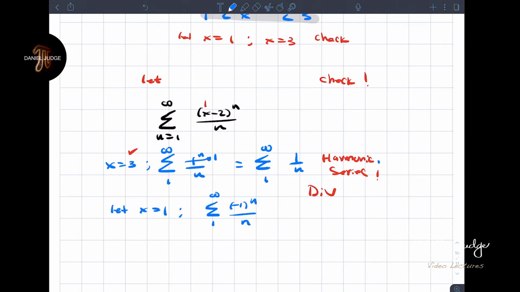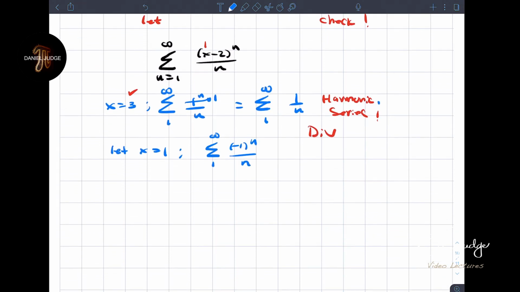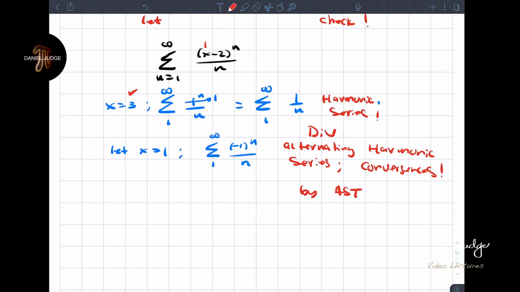Now it's correct. So we know this is the very famous alternating harmonic series. Now the alternating harmonic series converges, right? And it converges, if you guys remember, by the alternating series test.